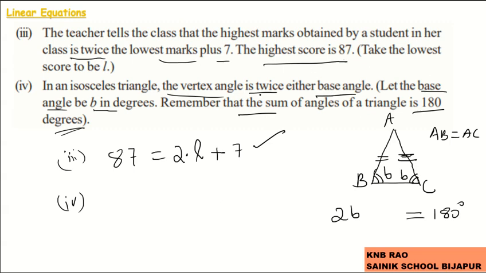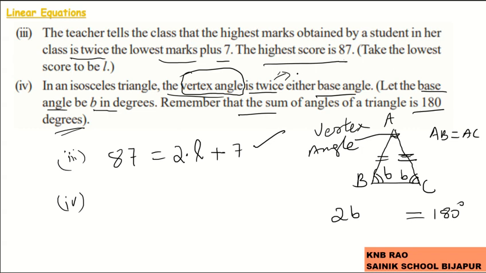So, which is the vertex angle now? See children, here angle A is called the vertex angle. He gave you the relation that the vertex angle is twice.